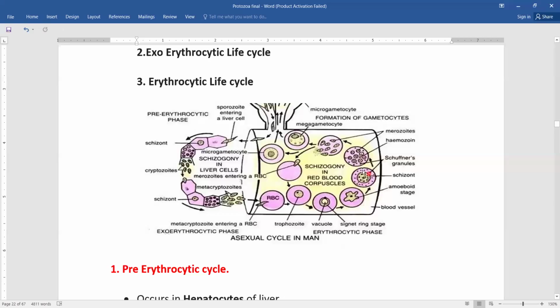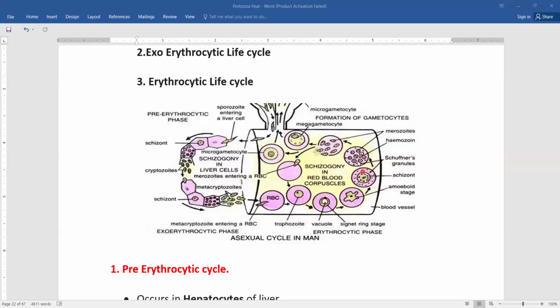Later, each nucleus acquires some amount of cytoplasm, and this is called the schizont stage. The newly formed erythrocytic merozoites are located at the peripheral place of the RBC and look like a flower. That is called the rosette stage.